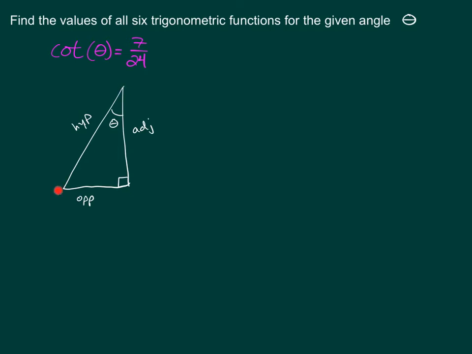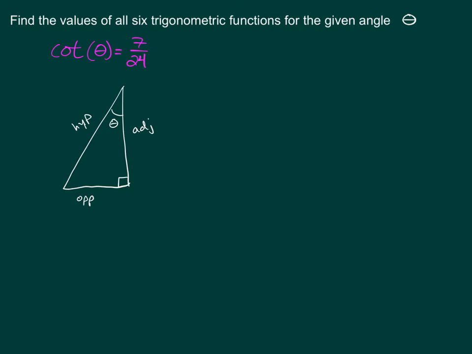Now there are no values here. I mean, we just have a triangle that's labeled hypotenuse, adjacent, opposite with an angle theta. How are we supposed to fill this in? Well, the answer is right here. We have a cotangent that is equal to 7 over 24.